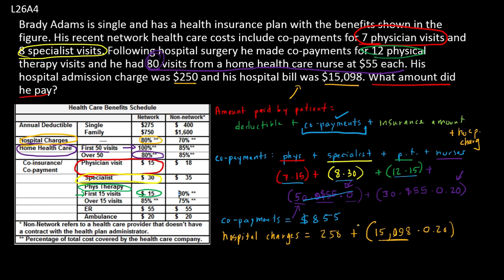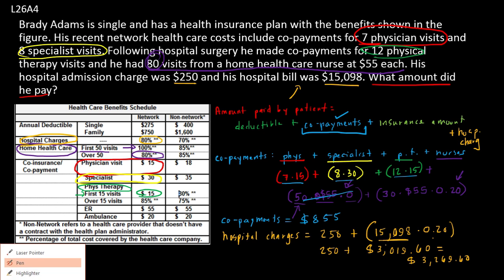So that brings us to 250 plus 20% of 15,098, which is 3,019.60, which gives us a total of $3,269.60 for our hospital charges. Okay.